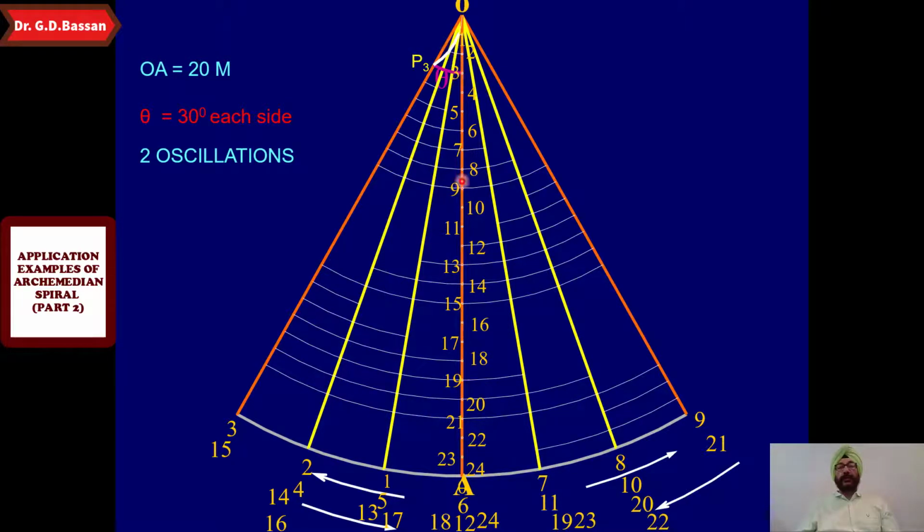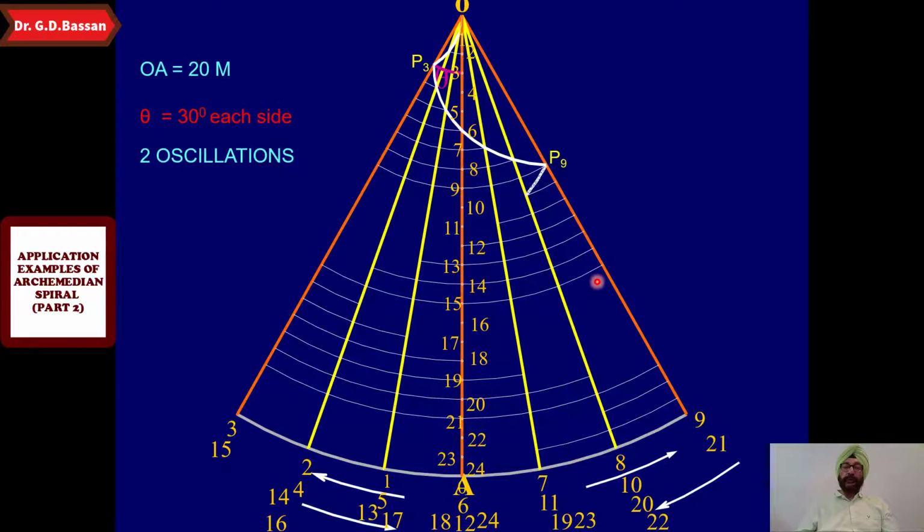So P1 is here, P2 will be here, P3 will be on the third point, P4 on the fourth point, P5 on the fifth line, P6 will be on the vertical line OA, P7 will be on O7, P8 will be on O to 8, and P9 will be at the extreme right position of the link.